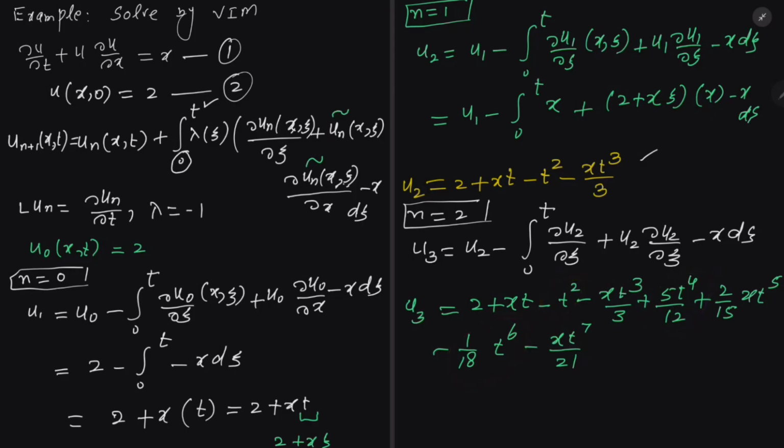When I combine it, I get 2 times 1 minus t square by 2 factorial plus t4 by 4 factorial minus t6 by 6 factorial.